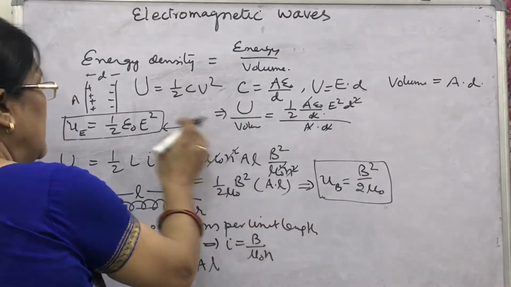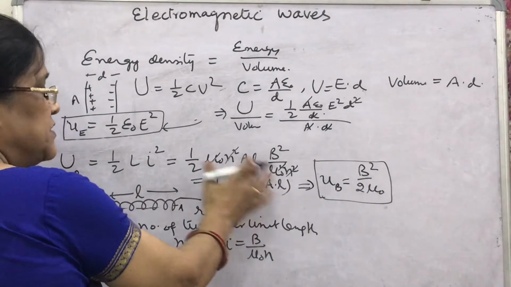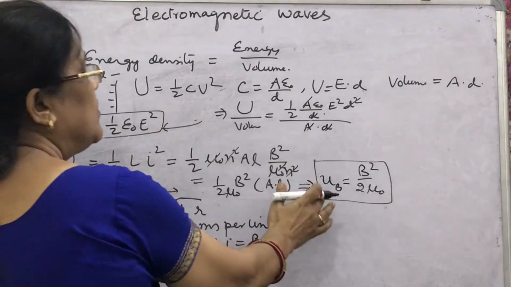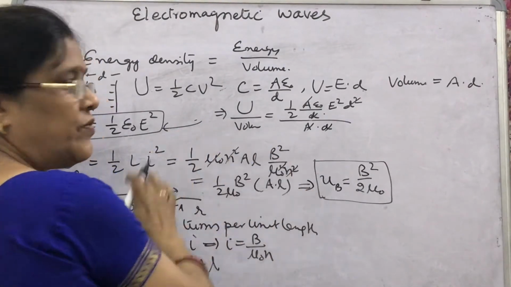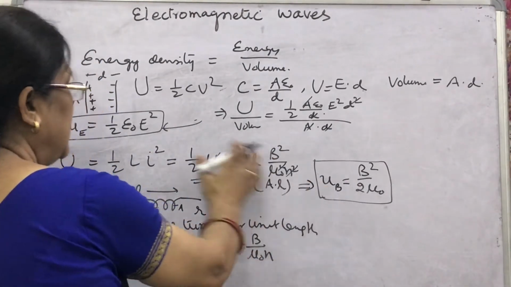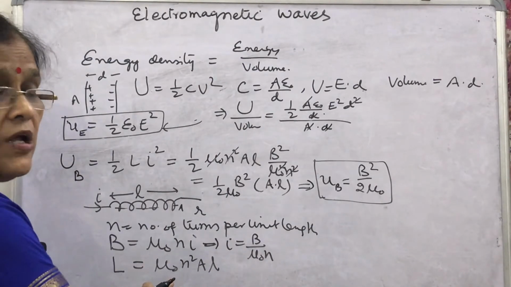In these two expressions, we have seen what will be the total energy per unit volume of EM waves if you add these two. That will be the total energy.